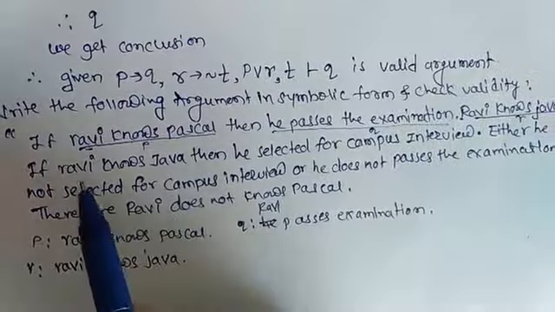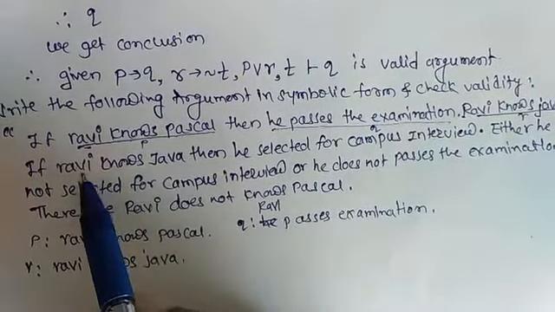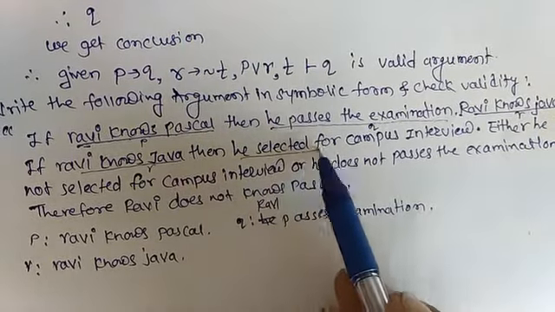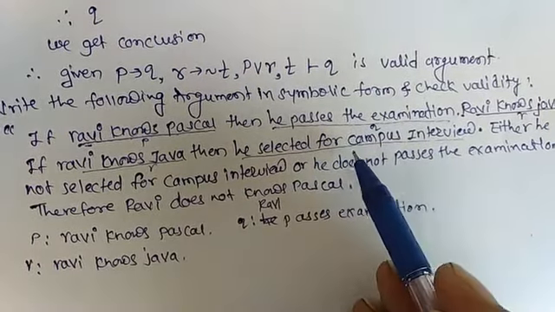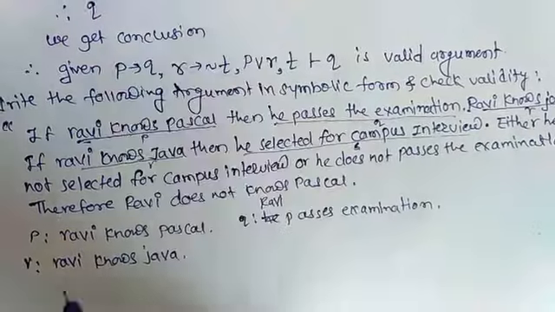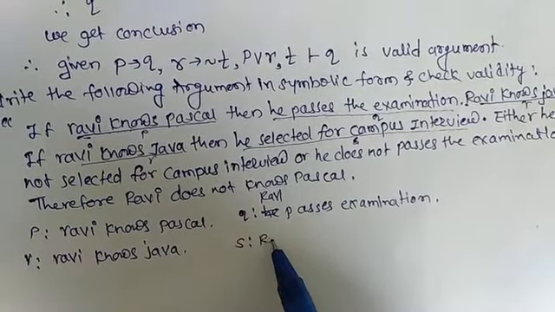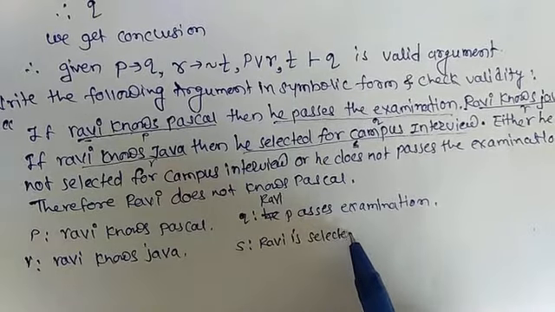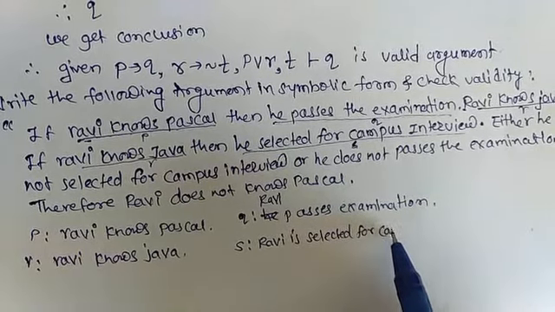Okay, if Ravi knows Java, which we have denoted as R, then he is selected for campus interview, which is again a new statement, denoted S. So Ravi is selected for campus interview.